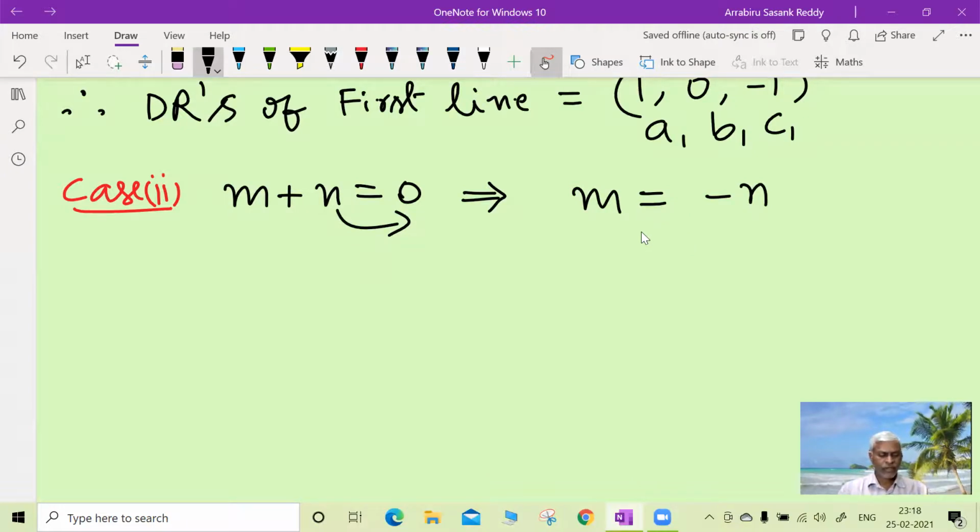So this can be written m by 1 equals n by minus 1.